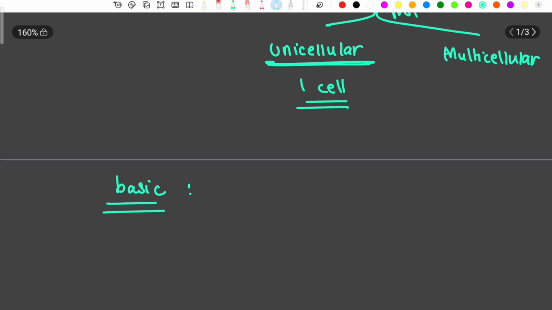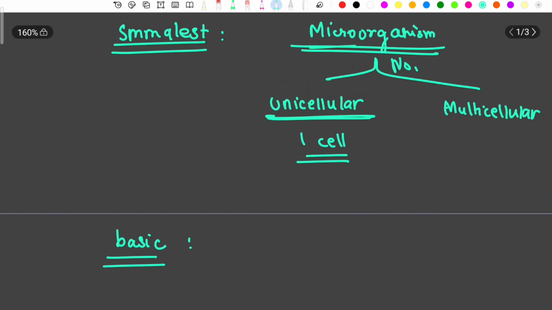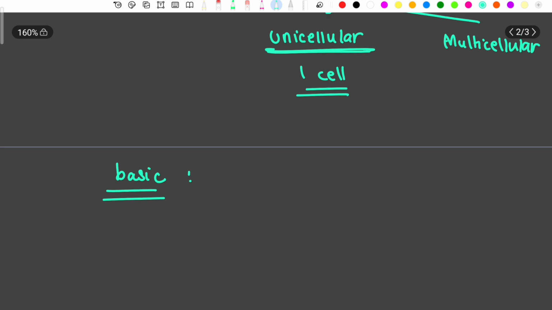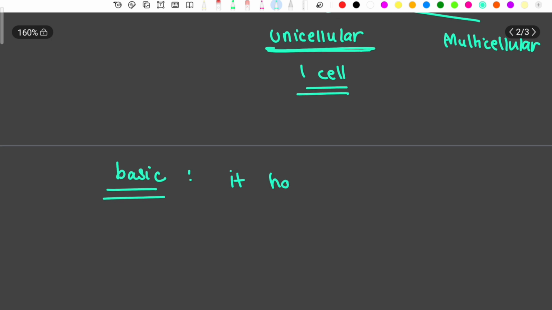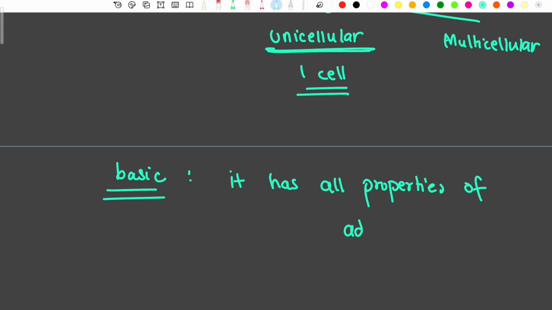It has organs, it divides, it has all the advanced functions which would be very difficult to reproduce practically in a lab. It is basic because it has all the properties of advancement.